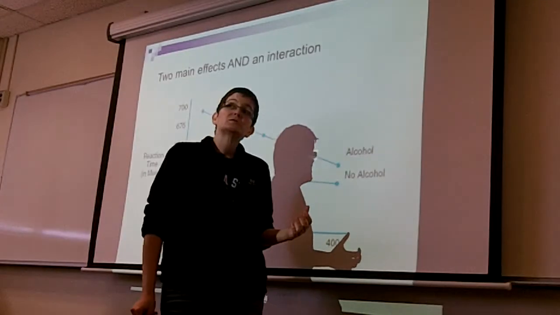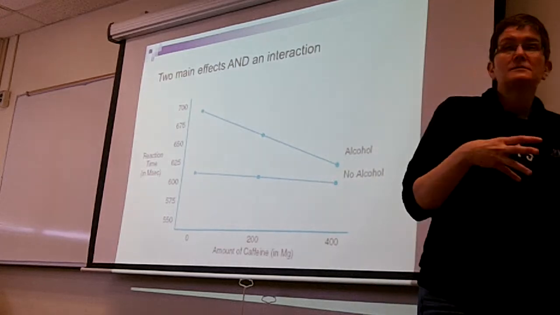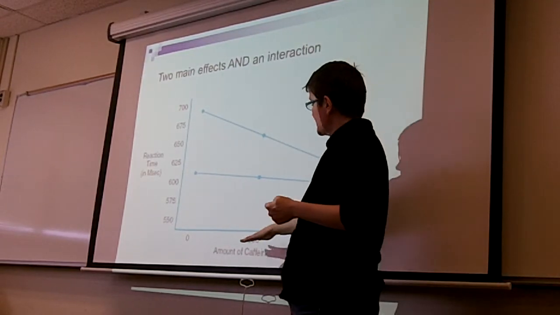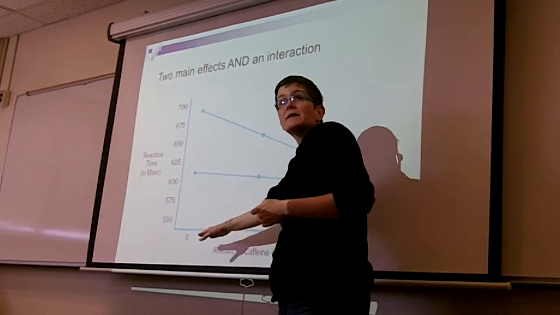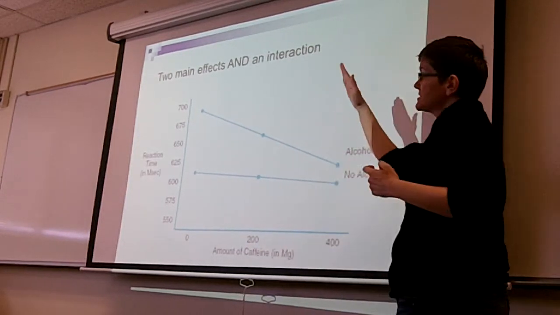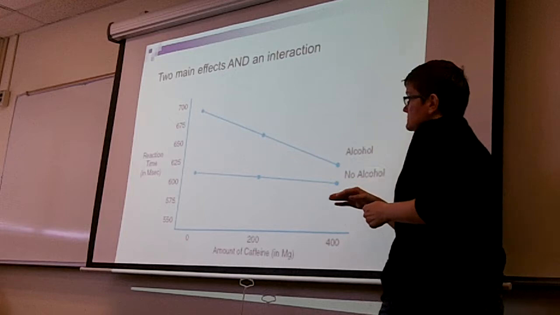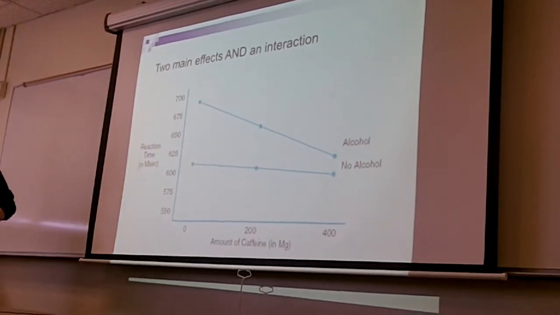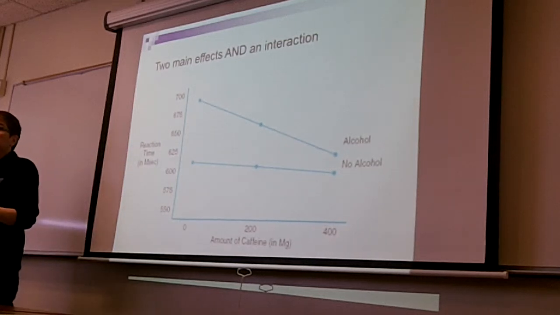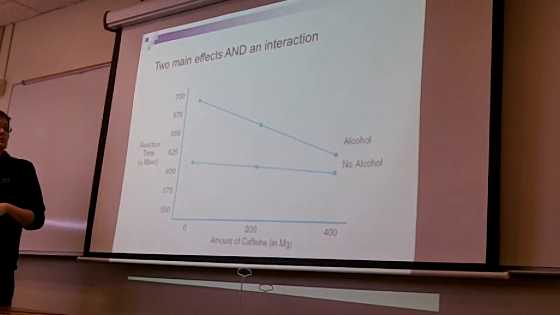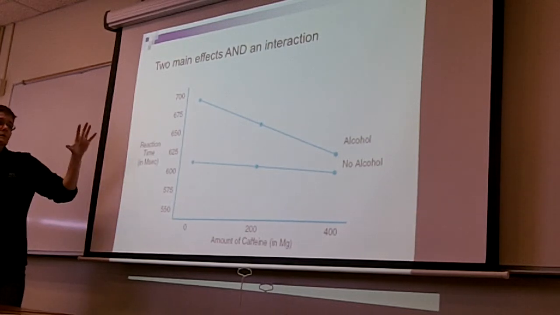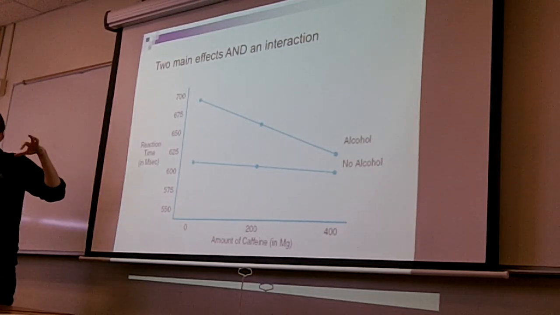You remember last time I told you that if we're looking at whether or not there is an effect of caffeine, or effect of whatever's down here on the x-axis, we're going to look at the slope of the line. Well, that bottom line's pretty close to flat, but the top line's got a lot more slope, or a lot more extreme slope. So, looks like we might have a main effect.